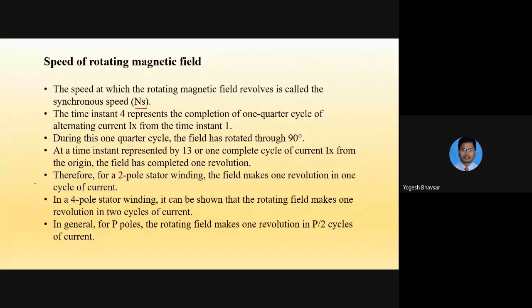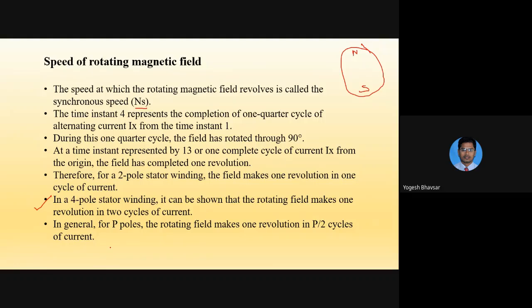If there are 4 poles stator winding, then it can be shown that the rotating field makes 1 revolution in 2 cycles of current. आता जर असे 4 पोल मशीन घेतला, 2 पोल मशीन म्हणजे स्टेटरला एका साइडला एन पोल असेल आणि दुसऱ्या साइडला एस पोल असेल. हे 2 पोल मशीन झालं तर त्या ठिकाणी आपल्याला एक कंप्लीट सायकल लागणार आहे 1 रिव्होल्यूशन. पण जर 4 पोल मशीन घेतलं तर आपल्याला 2 सायकल लागणार आहे. एक कंप्लीट रोटेशन साठी 2 cycle of current will require.